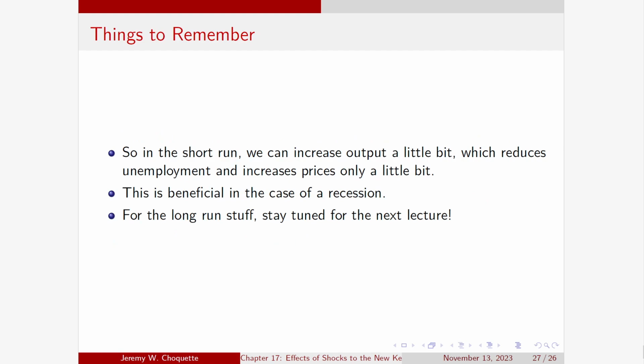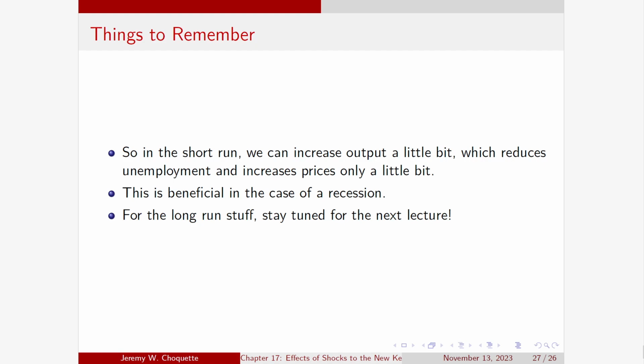So, more things to remember. In the short run, we can increase output a little bit, which reduces unemployment and increases prices only by a little bit, in response to a total factor productivity shock.